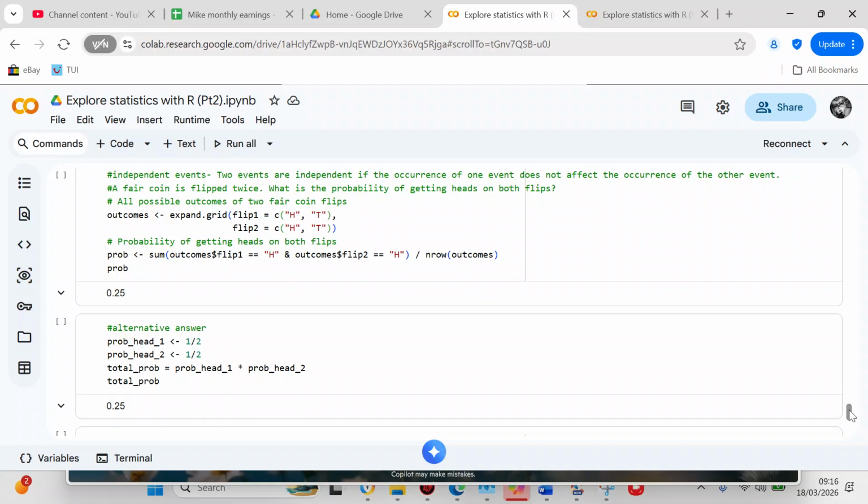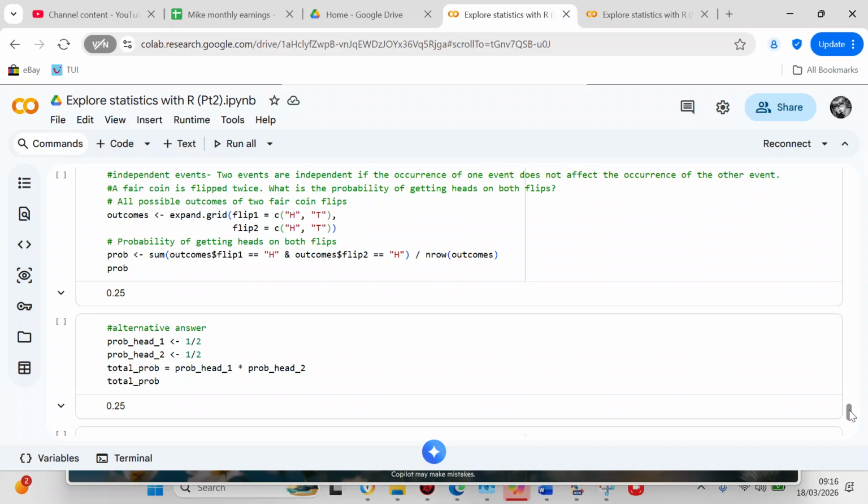Then we measure the probability of getting heads on both flips. Probability becomes sum(outcome$flip1 == "H" & outcome$flip2 == "H") divided by nrow(outcome). So you've got 4 rows, and that's your probability. That's how you do it, the R way.